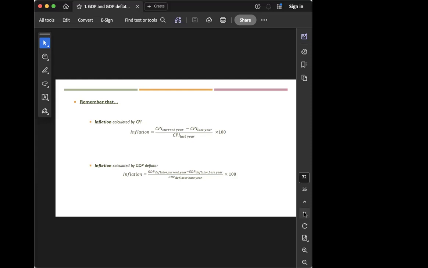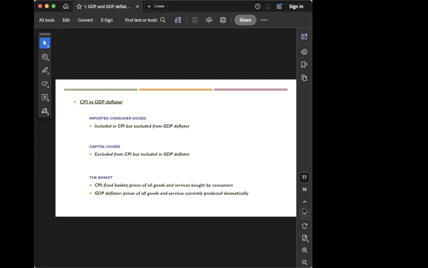CPI uses the cost of a consumer basket, but the GDP deflator uses nominal and real GDP to measure prices. Then what is the difference between the two of them? We're going to compare CPI and the GDP deflator.